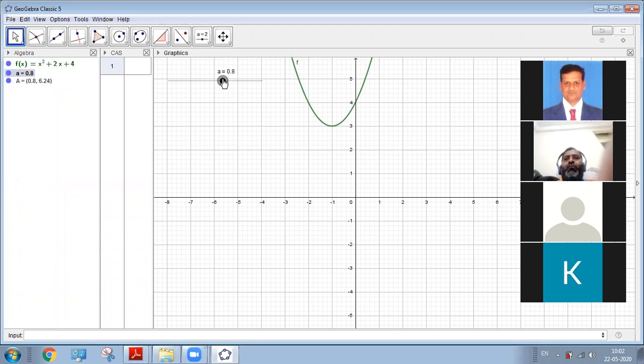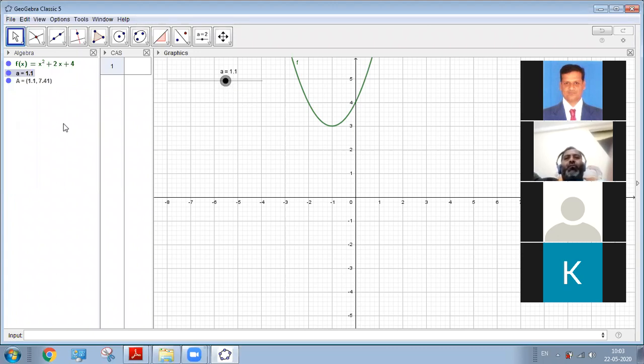When it is 0.9, it becomes 6.61. So that means it is approaching almost 7. Suppose it is approaching 1 from the right side, for example, if I take 1.3, it is 8.29. 1.2 means 7.84. 1.1 means 7.4. That means it is going on decreasing and approaching 7.